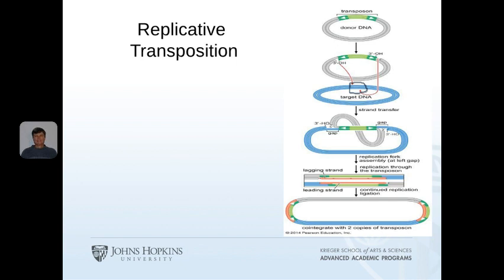In replicative transposition, the transposon DNA is not excised, but the 3' OH ends are joined to the target DNA by strand transfer to create a double-branched DNA molecule intermediate. So here you see the 3' OH ends joining to the target DNA on either end, and this is your intermediate.